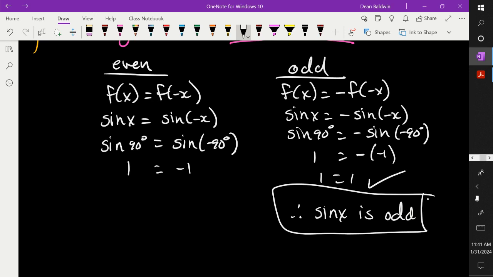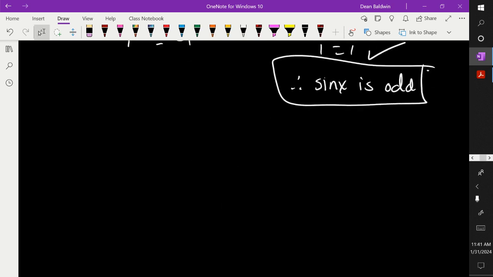Use the graph. y is equal to cos x. Even or odd? Or neither? You could be neither. It doesn't have to be even or odd. It could just be neither. What is it?